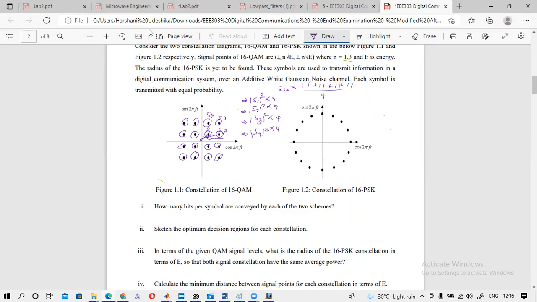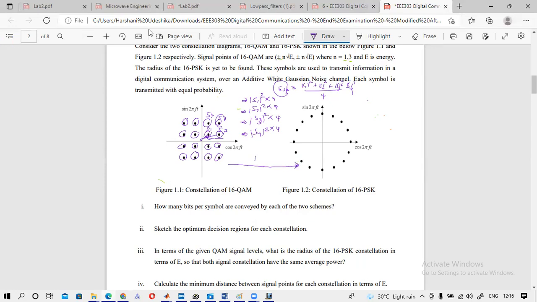So this is square. This one is S1, this one S2, this S3, this S4. Likewise I find the average energy of a symbol. Now it is said that the average energy of this constellation diagram is also the same.